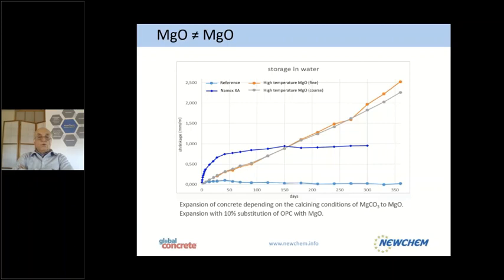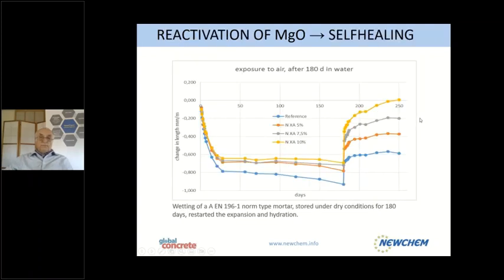Therefore, there is no danger that you have a bad expansion after years. Here we substituted with 10%, which is quite a high amount. Normally you don't have to use so much. It is a slow reaction in any case.